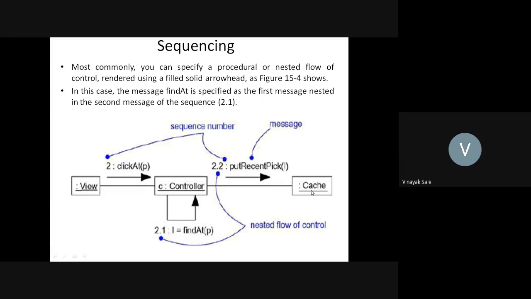You can draw any example, not just this one, you can take any example. In this case the message find at is specified as nested in the first message. Find at is a nested message, calling itself again, whereas the second message is a sequence. This is the sequence message from view to controller, controller to cache.